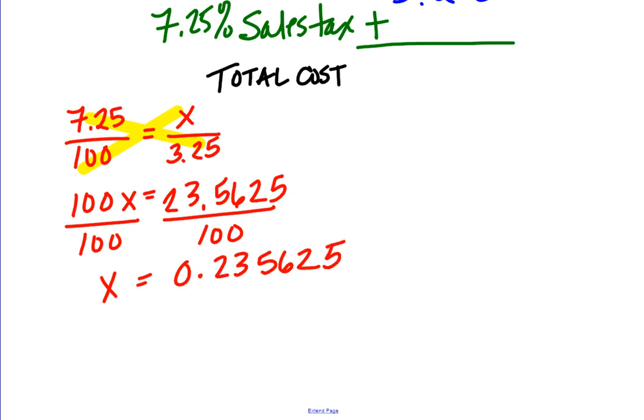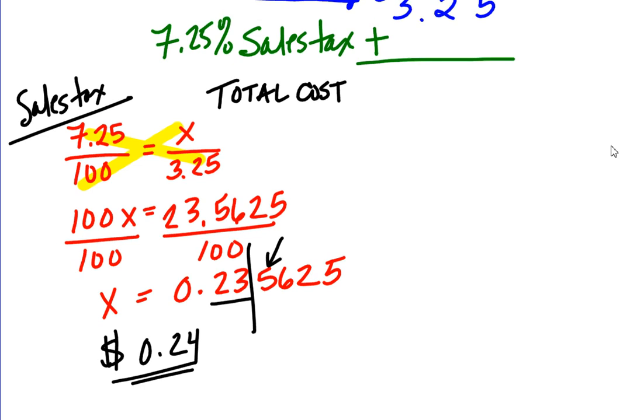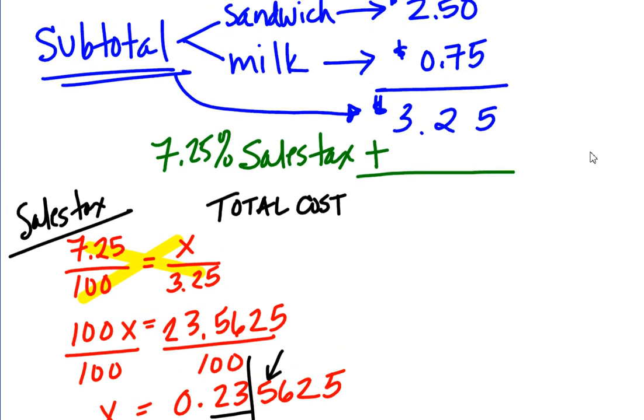Now remember, when we're talking about money, I can only let it go to two decimal places. So this 5 tells us that we need to round this 23 cents to 24 cents. Then what I'm going to do with this 24 cents, because all the thing that we've been figuring out here is the sales tax, is take this number for the sales tax, 24 cents, and put it up here where my subtotal is, so 0.24.